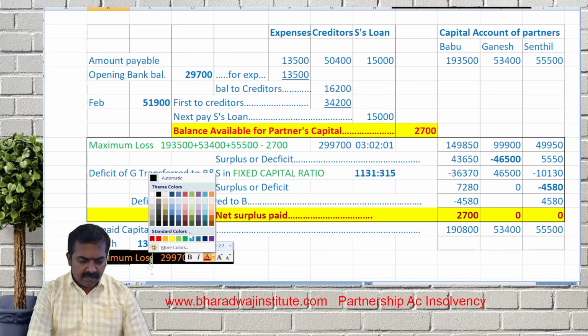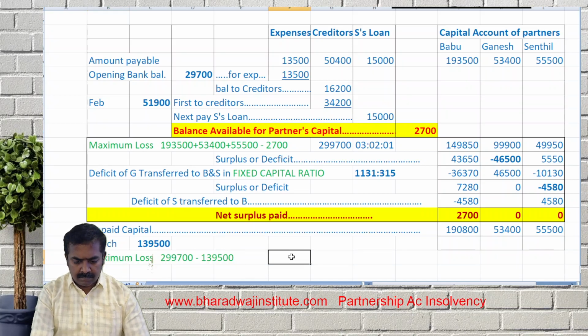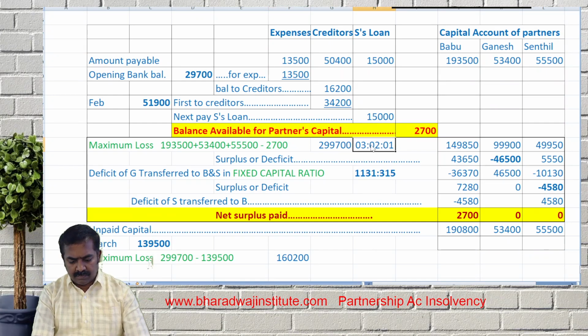Now maximum loss, unpaid capital minus amount available. Transfer this in which ratio? 3:2:1 ratio.